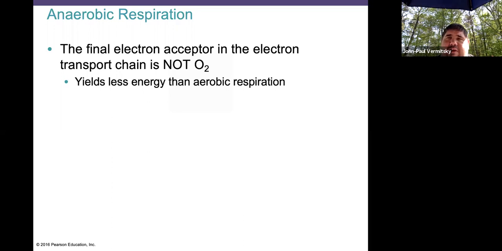And the shuttle can then go back and pick up more electrons from glycolysis and shuttle them back and forth. Because you're able to continue glycolysis by freeing up those shuttles, the cell stays alive. Now, the problem with anaerobic respiration is that you're not involving oxidative phosphorylation, which is how you make a lot of ATPs, so you're not going to make as many ATPs. But the cell remains alive.